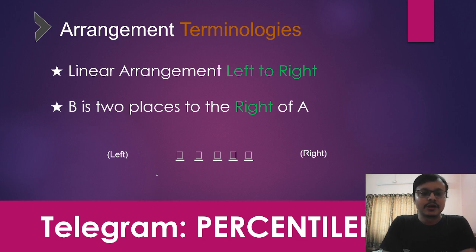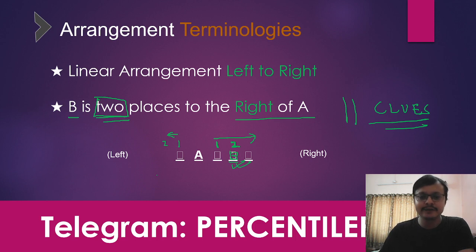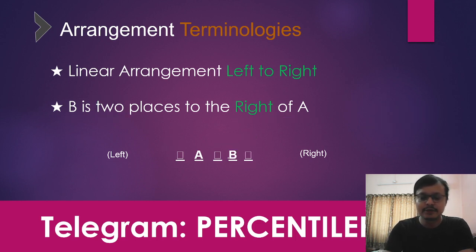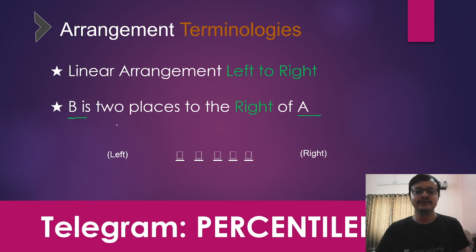Now, let's say nothing is known about the position of A and B, then what do I do? So here, if the position of at least A is known, I can put the position of B here. But what if the positions of both A and B are unknown and you have this clue that B is 2 places to the right of A? In that case, A will be here, B will be to the right.